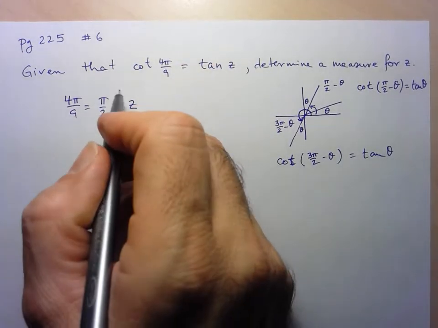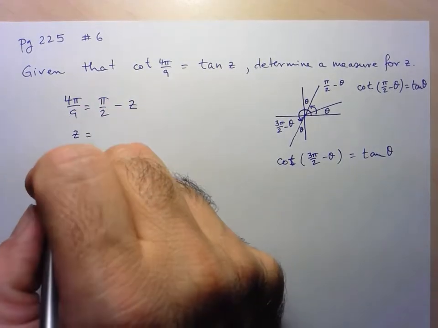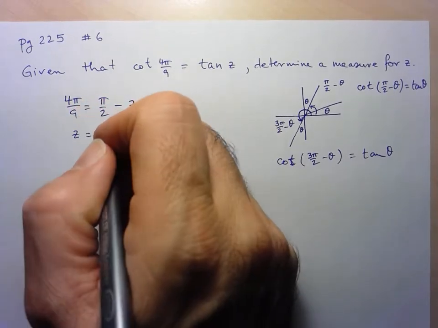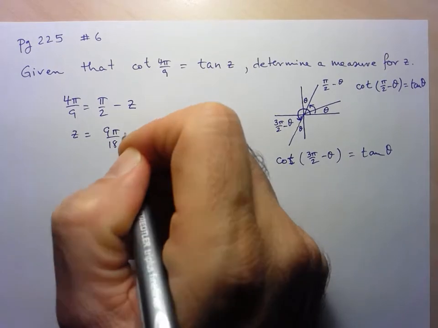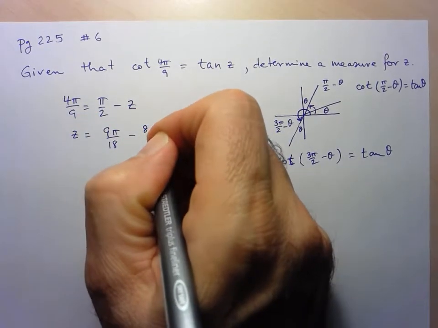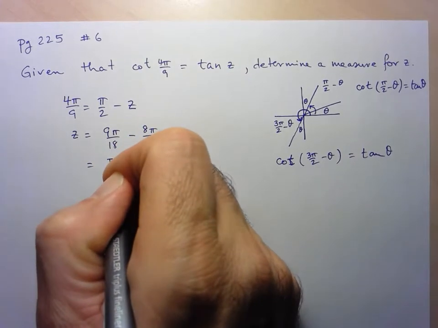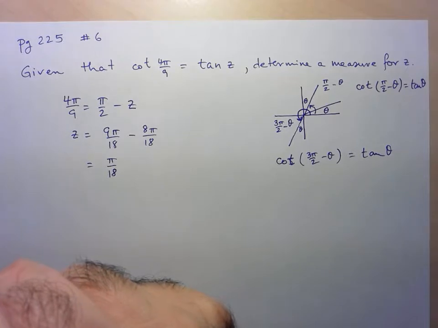Let's bring the z to the other side, make it positive. So here we have pi over 2 minus 4 pi over 9. I'll put everything under 18 right off the bat. So this is going to be 9 pi over 18 minus 8 pi over 18. So z is going to be equal to pi over 18.